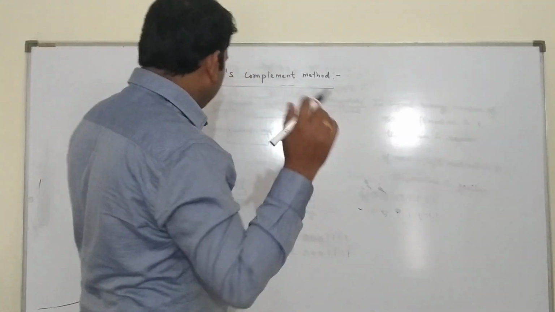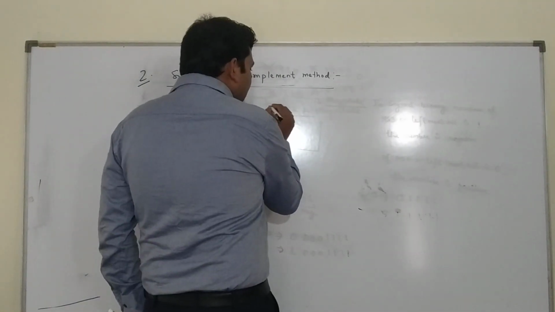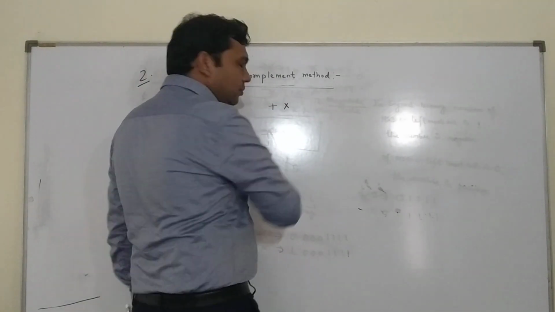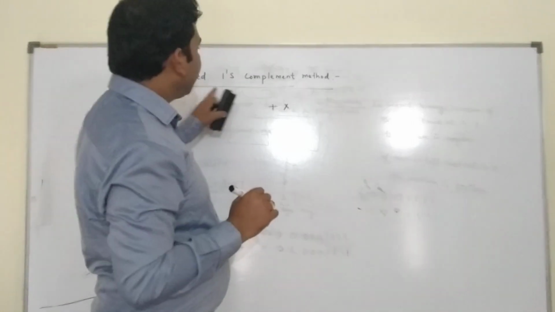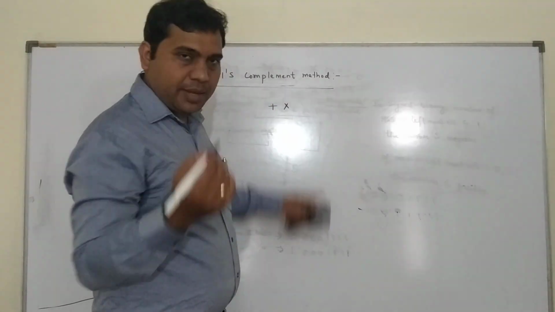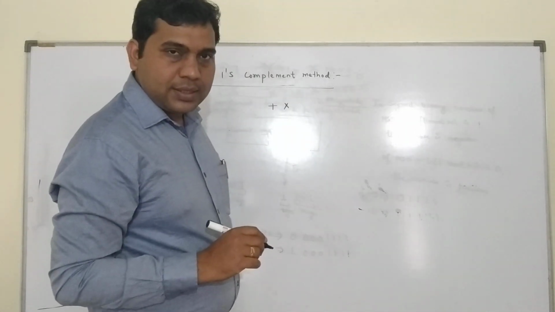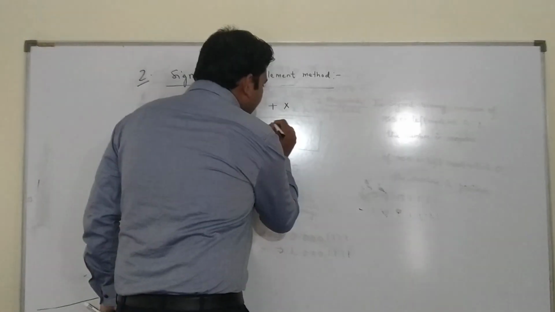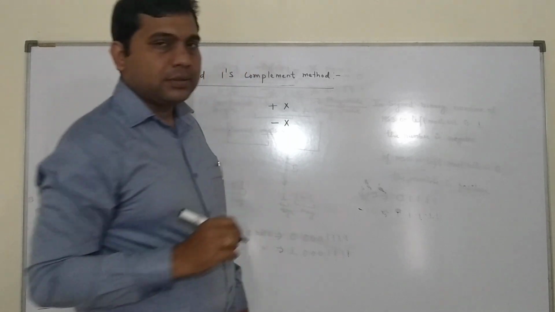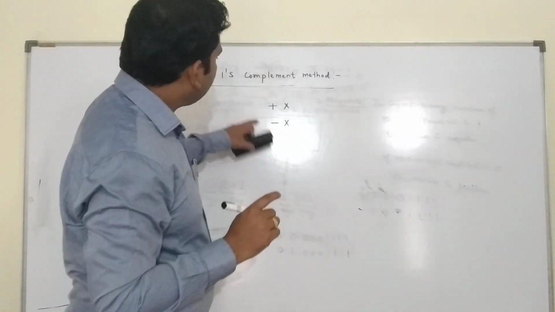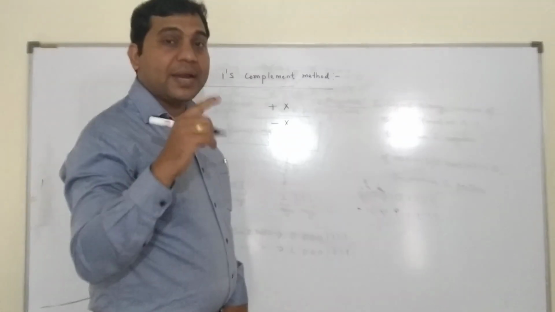How to write? Suppose you wanted to write plus x in signed ones complement method. X can be any number. And suppose you wanted to write minus x in signed ones complement method. How to write minus x?